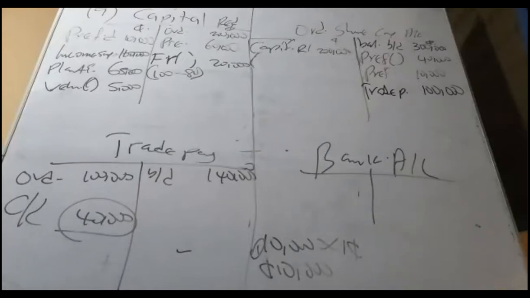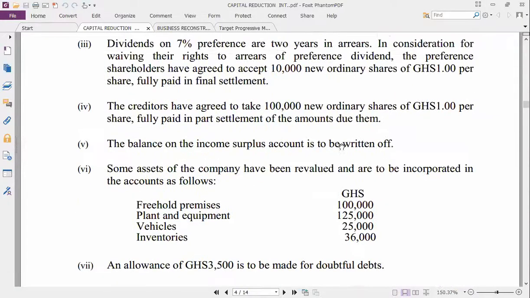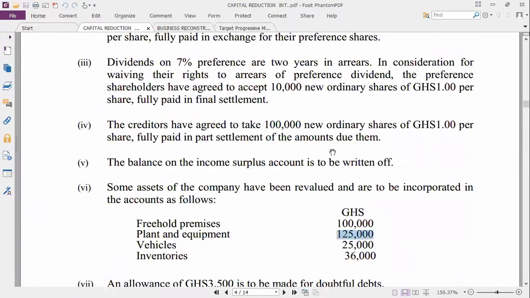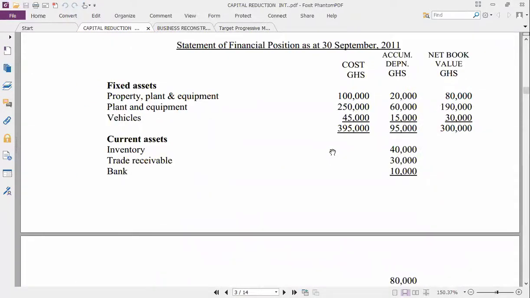Inventory. Then let's move on to inventory. The fair value is 36,000, but the book value is what? The inventory book value is 40, and then the fair value is 36.